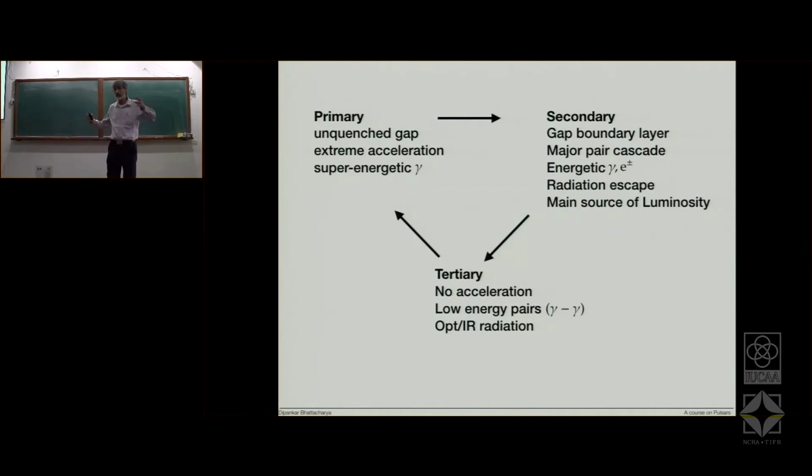Remember, the pairs that are getting created now are not moving at high speed along the magnetic field. The pair creation has happened by gamma-gamma collision, so their direction of motion is controlled by the direction of the beams.